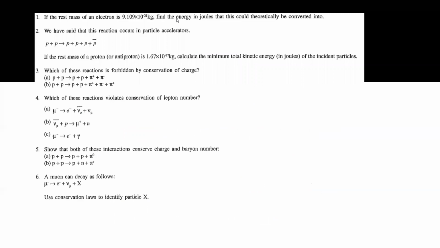Same way, which of these reactions violates the conservation of lepton number? So you have to check the leptons. This is muon, anti-muon basically, gives antiproton plus anti-electron neutrino plus anti-muon neutrino.